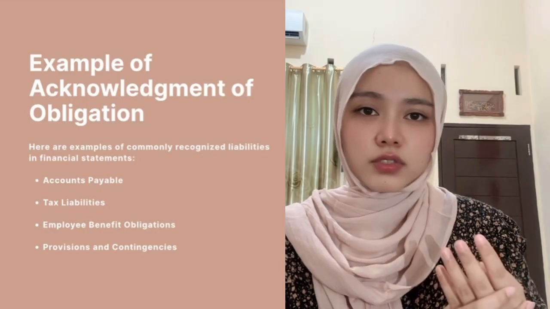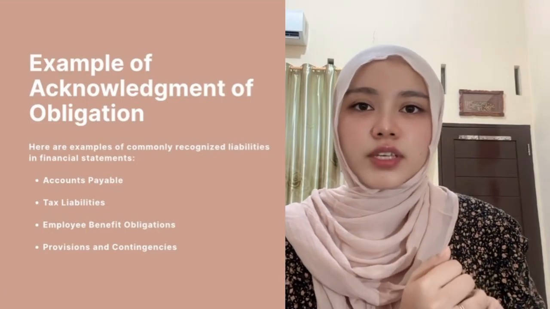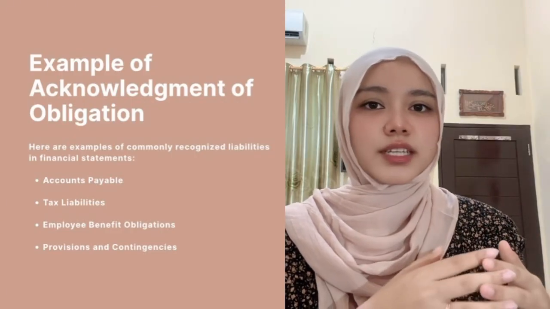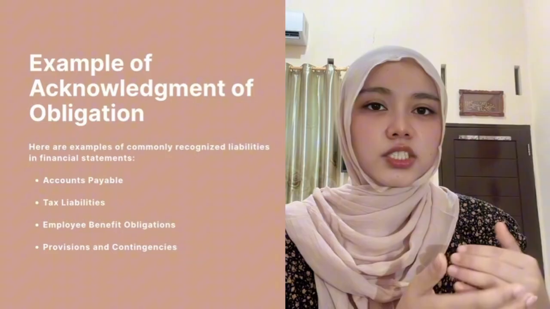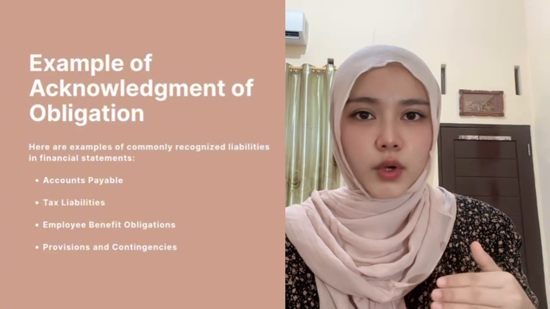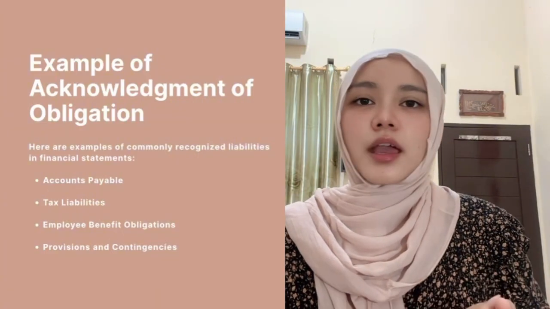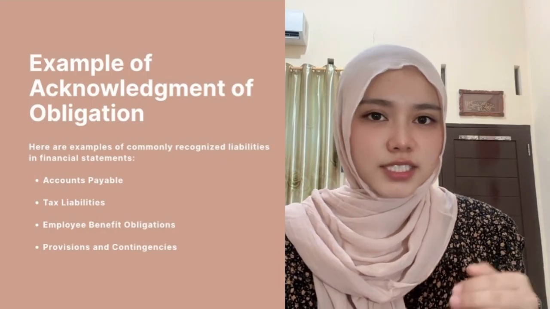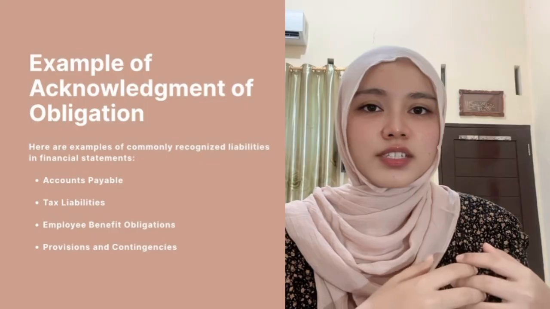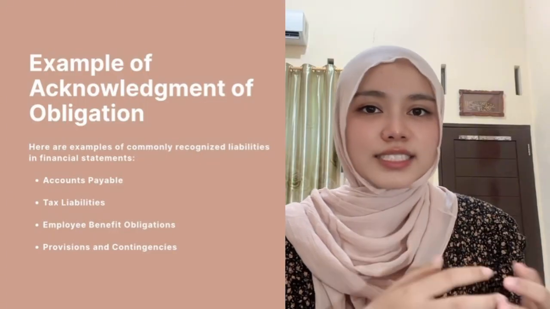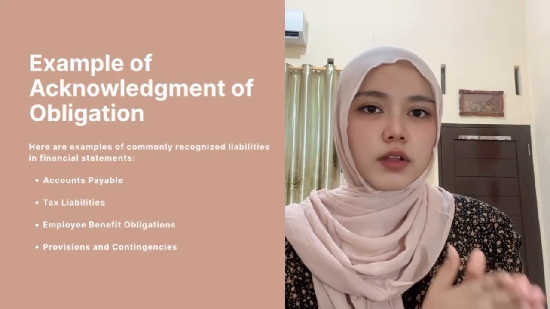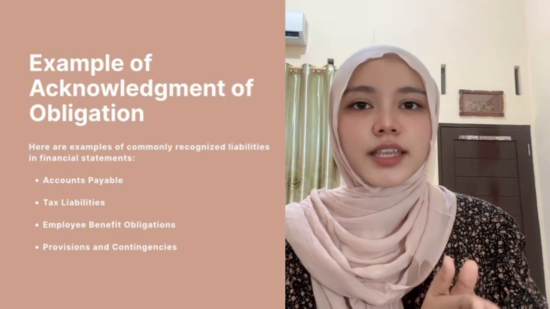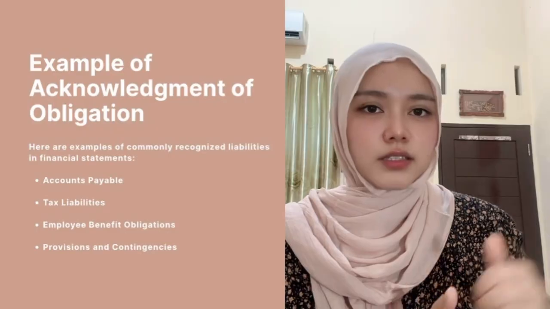And then number three is employee benefits obligations, which is recognized for obligations to employees such as unpaid salaries, bonus, and pensions. And then the last one, which is provisions and contingencies. Provisions and contingencies are recognized if the likelihood of an outflow of economic resources is substantial and can be reliably estimated.